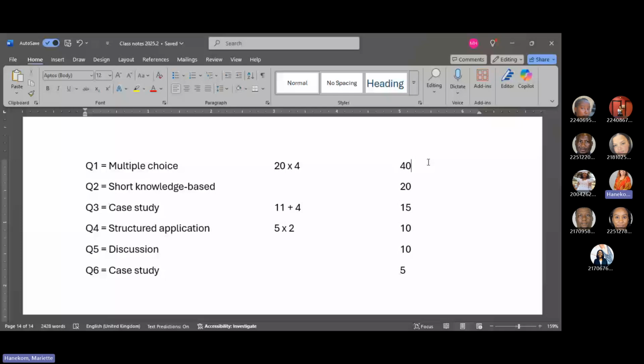But if you only get 10 out of 40 for multiple choice, you're going to struggle to pass. Take your multiple choice questions very seriously. Take your time. It's a 3-hour exam. It's nearly half. Theoretically, you should spend at least an hour on your multiple choice questions.